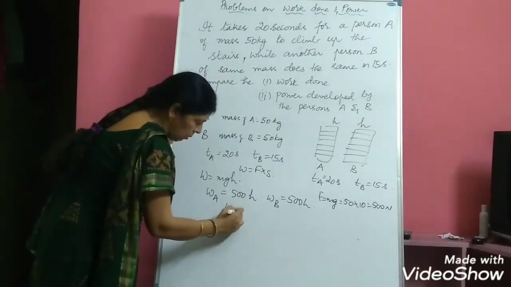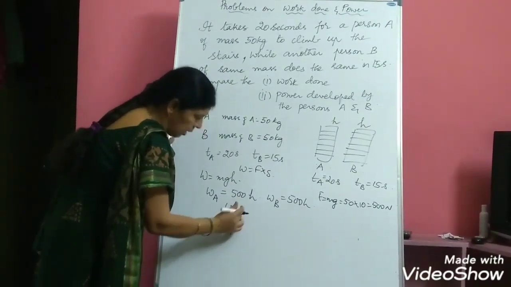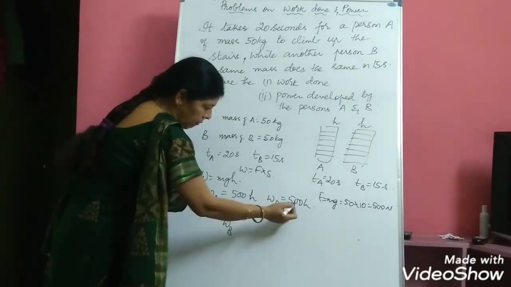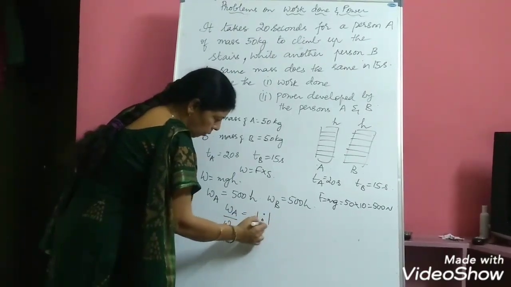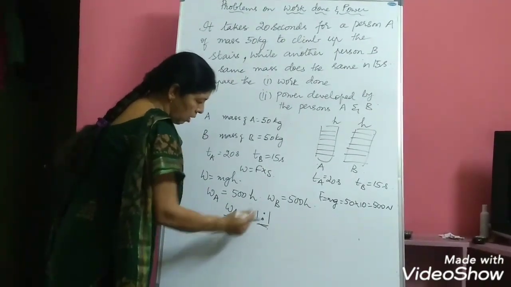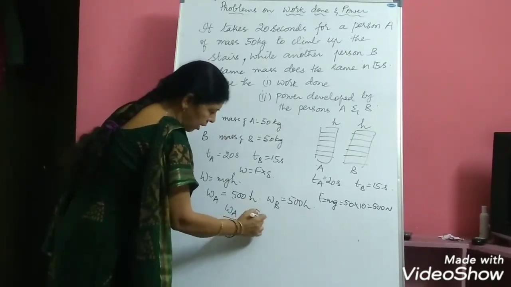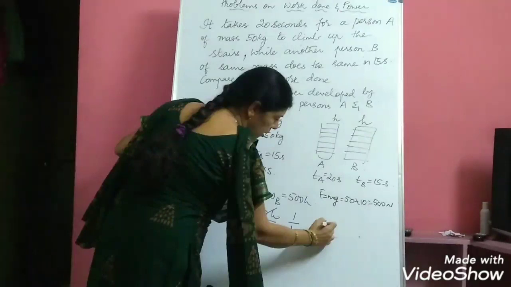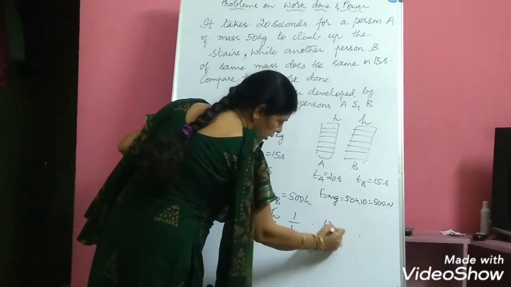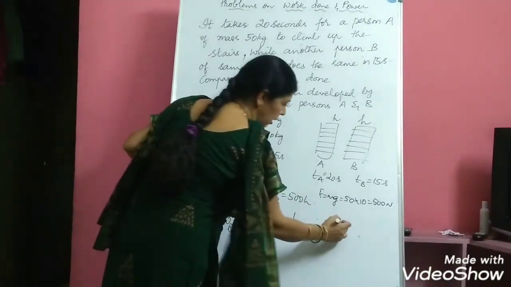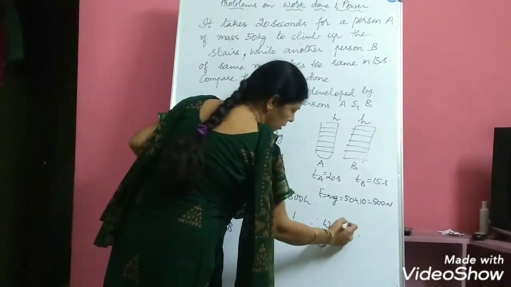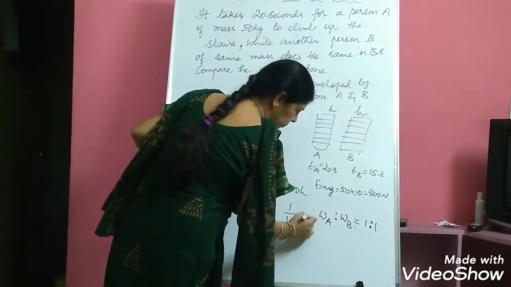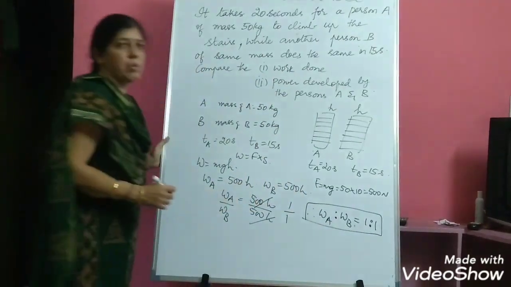If you compare WA by WB, work done by A to work done by B, it will be 500h by 500h, which is 1 by 1. Therefore, when you compare the work done by both A and B, it will be 1:1. This is the solution for the first question.